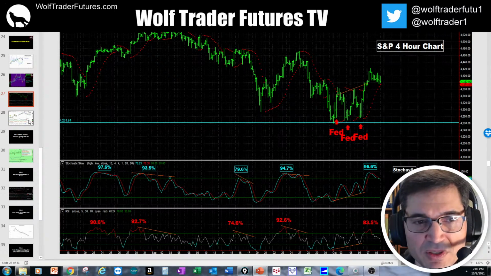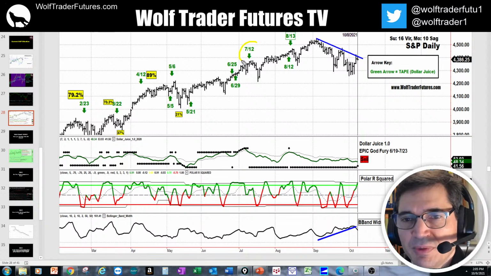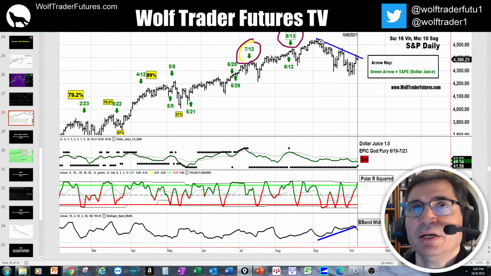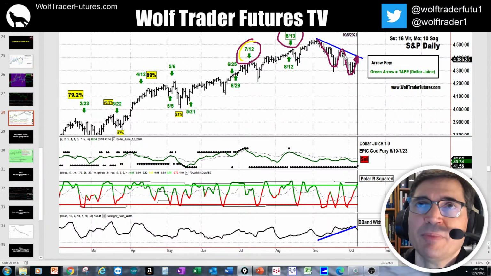Now here's one other slide. This one is pretty telling. This is the dollar juice. The dollar juice has essentially been in the sell since 7/12, and then it goes back into a sell again on 8/13. Notice this trend line here. This trend line is decreasing, and the market came up and tested the trend line again. Trend line retracements are very powerful.